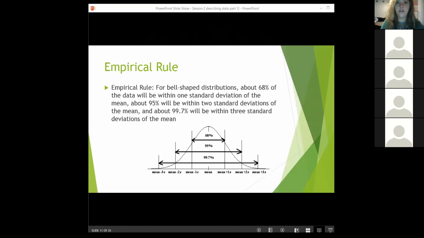Let me show you here. For 68%, that's talking about between plus or minus 1 standard deviation, 68% of the data lies within it. So this is the 68% of the data that I just shaded in, okay?